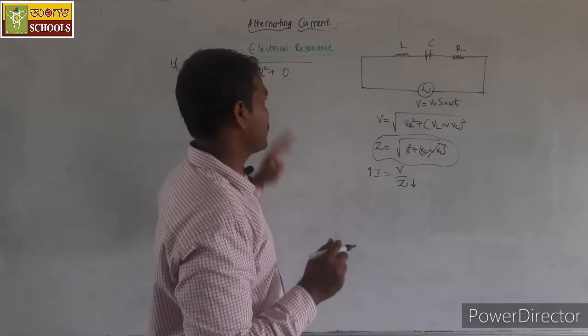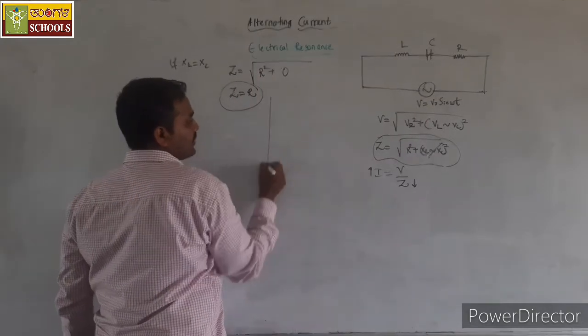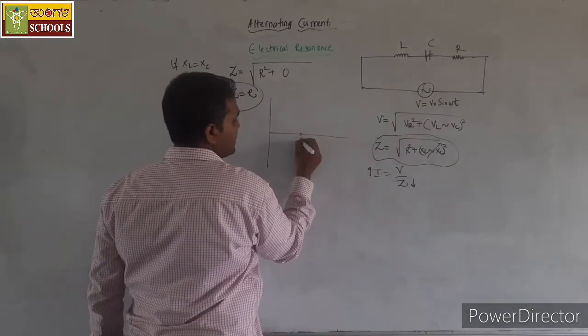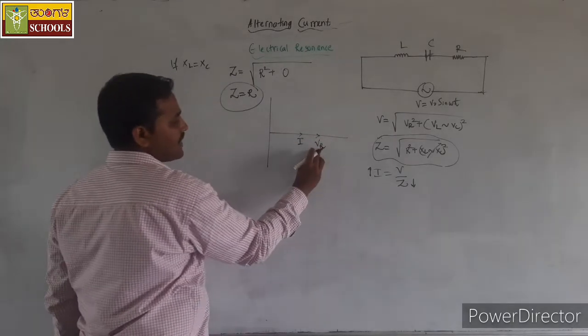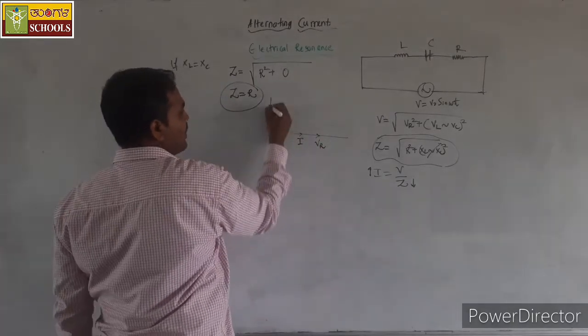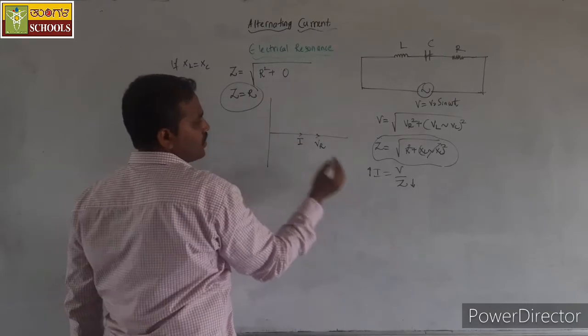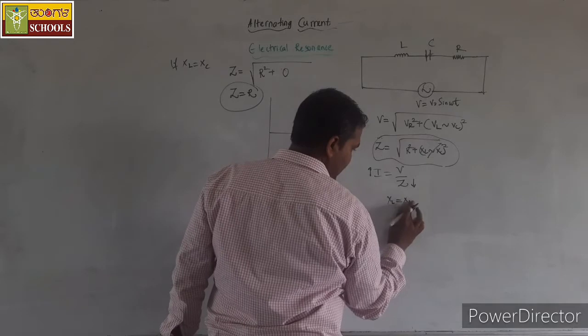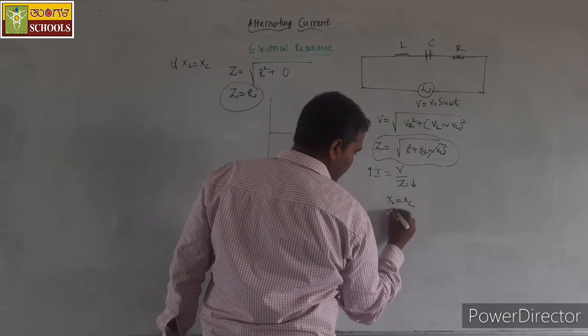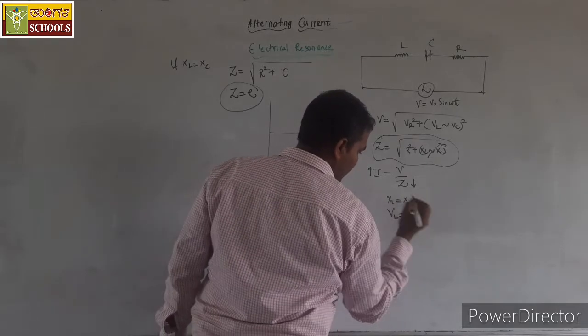What happens here actually? For that, let us draw the phasor diagram. So this is the current I and this is the voltage across the resistor VR, and when XL is equal to XC, we can write VL will be equal to VC.